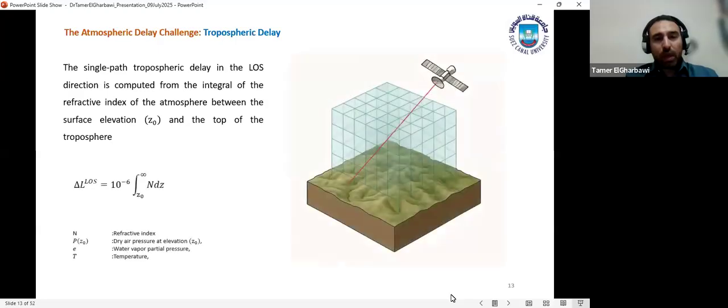The main problem is that the SAR images are observed in slant mode. So in order to correctly calculate this delay, we have to integrate the refractive index over the inclined path of the signal, which can be very intensive for InSAR processing.